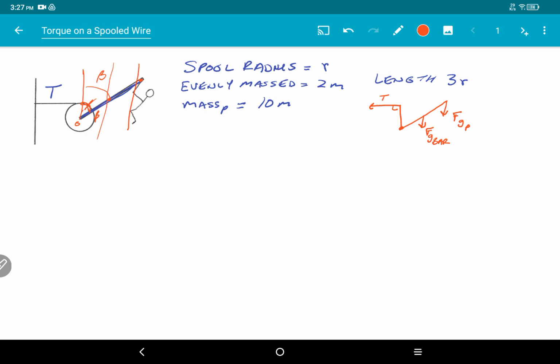So beta is on the inside of this acute angle, and we do have an angle beta.